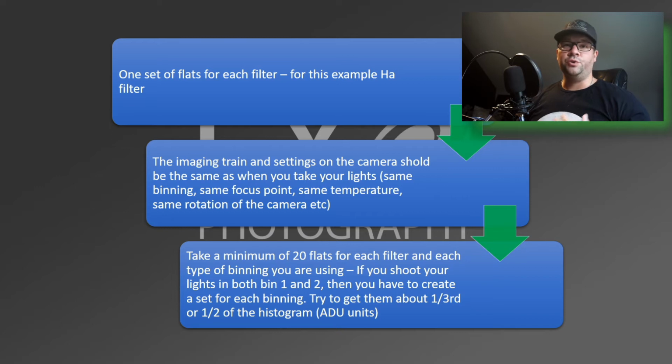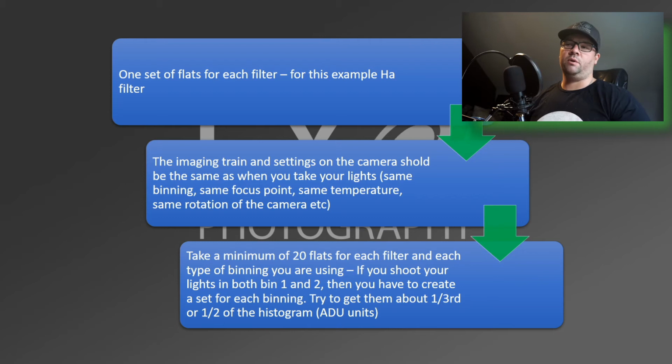You also want to use the same binning, so if you are shooting your lights in bin 1, then you want to take the flats in bin 1, and the same for bin 2, bin 3, or whatever you are using. You also want the same temperature, so if you are shooting at minus 25 degrees Celsius, which I usually do, then you want to use that to take your flat images as well. And I also try to take the images at roughly the same focus point, so it doesn't need to be exact, but roughly the same.